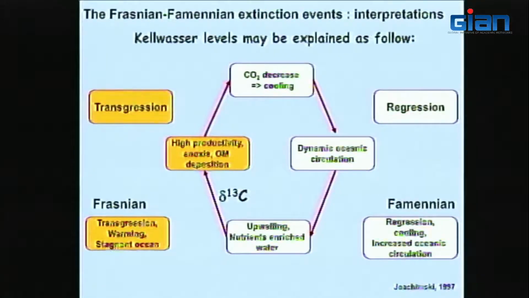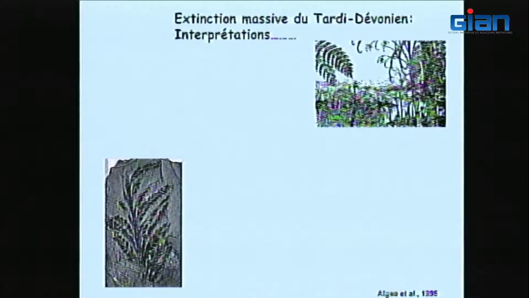And the delta C13 is proving that, because you have this variation: you increase the delta C13, and after you decrease the delta C13. Okay, so, oh, I forgot to translate this title, sorry, but you learn French a little bit, it's good for you. Extinction massive du Tardi-Dévonien means massive extinction of the late Devonian. Very easy, no? And interpretation, it's interpretation.